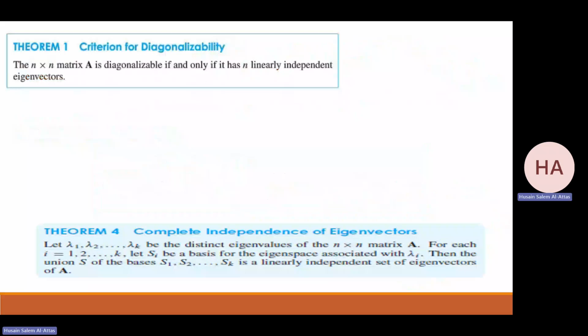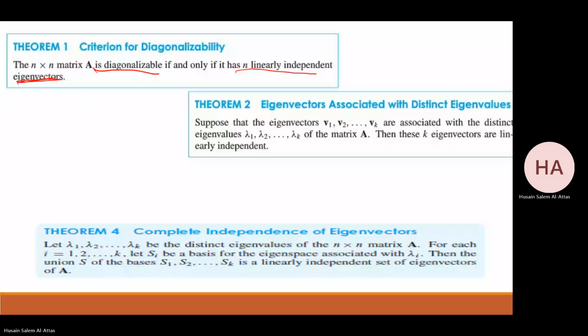So we say the matrix A is diagonalizable if it is similar to a diagonal matrix. And it is found that if it has n linearly independent eigenvectors, then it's diagonalizable. So what's the idea? I will try to find n linearly independent eigenvectors.